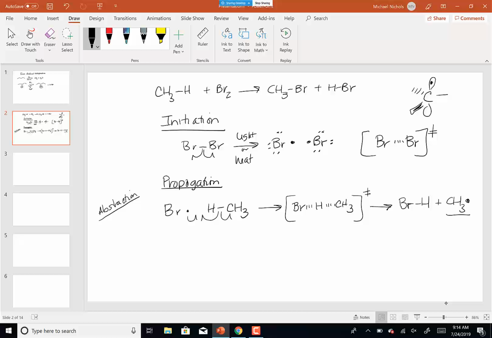So the CH3 plus would be very unstable, but a CH3 dot is still unstable, but it's more stable than a carbocation. So we can write its structure. Okay. And the more alkyl groups you attach to the radical center, remember that the carbon becomes slightly negative by taking electron density away from each hydrogen.